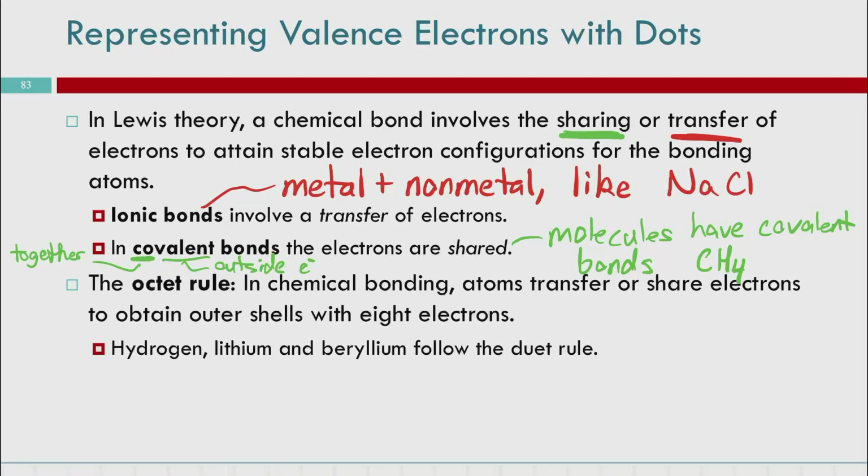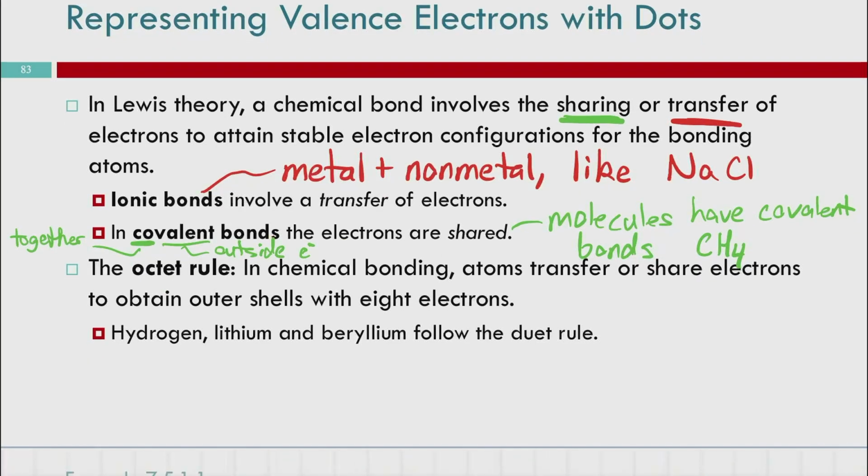We also have our octet rule. This is a big one. In all of our chemical bonding, be it ionic, a transfer of electrons, or covalent, sharing electrons, our atoms are going to obtain outer shells with 8 electrons.